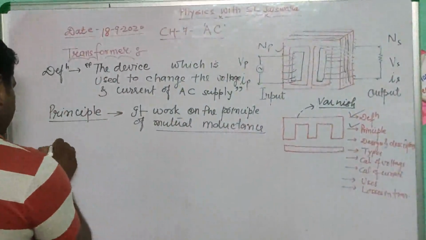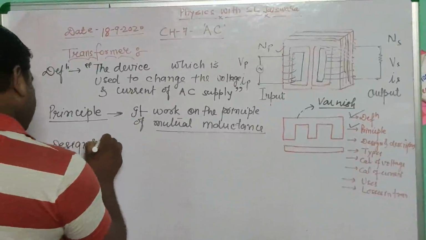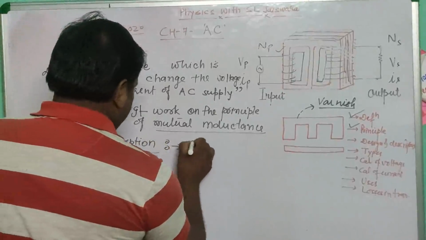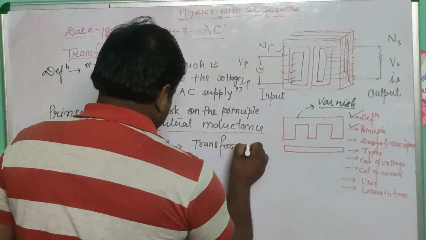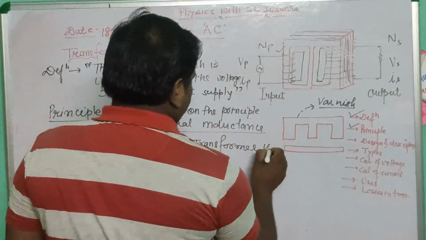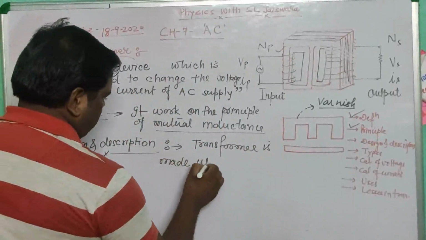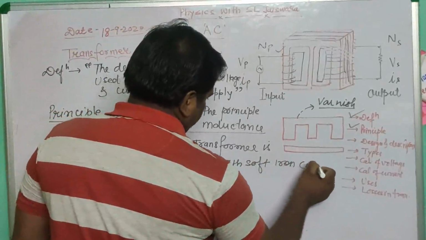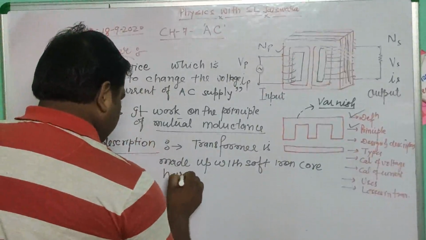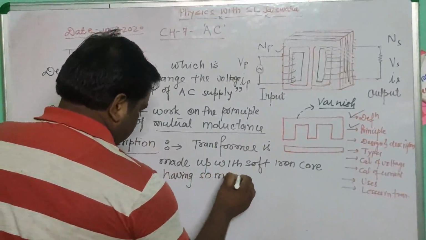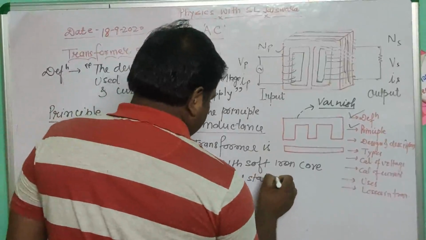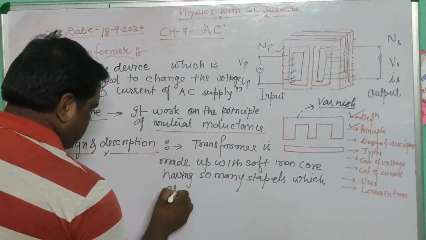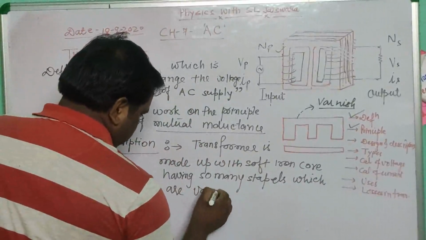So let us see design and description. Dear student, a transformer is made up with a soft iron core, having so many staples which are varnished.